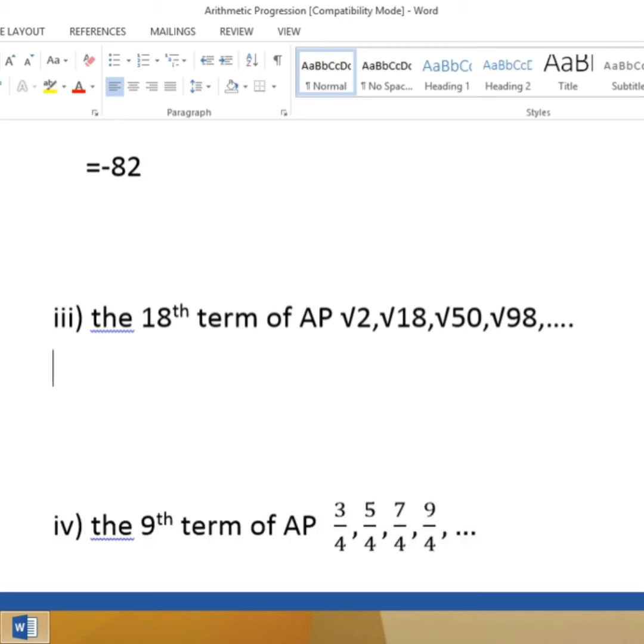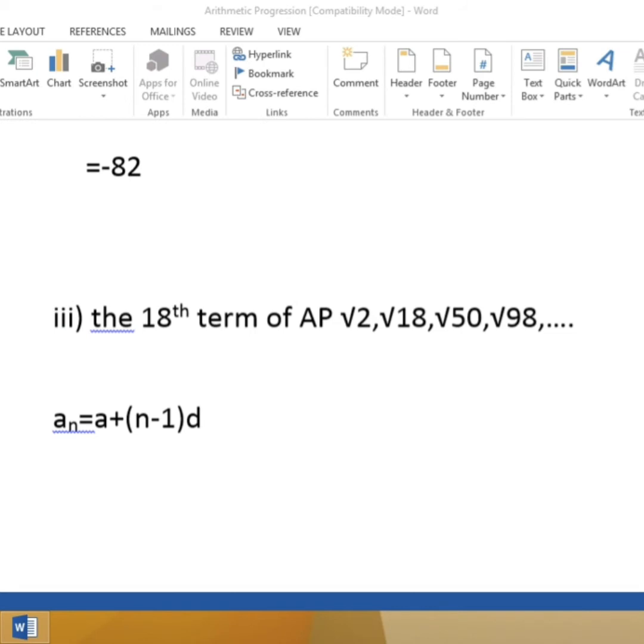Find the 18th term of arithmetic progression: square root of 2, square root of 18, square root of 50, square root of 98. First term is square root of 2. Difference is going to be, square root of 18 can be written as 9 into 2.